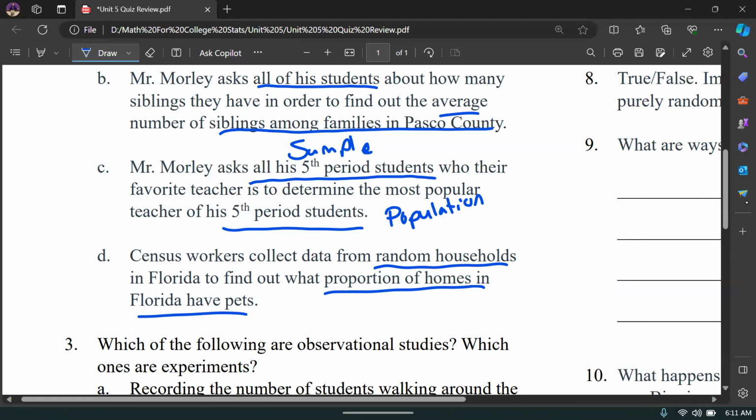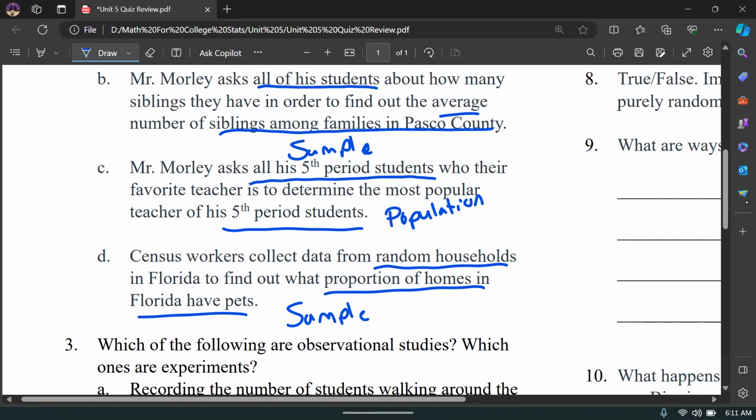So we're asking some houses in Florida to know about all of the houses in Florida. You're asking a handful of houses to learn information about all the houses, which makes that a sample.